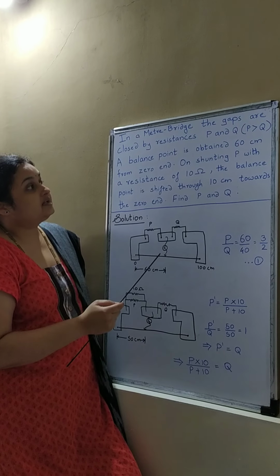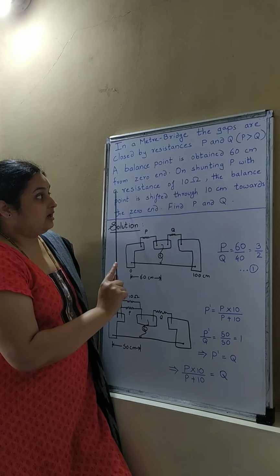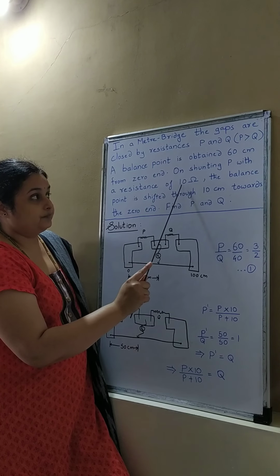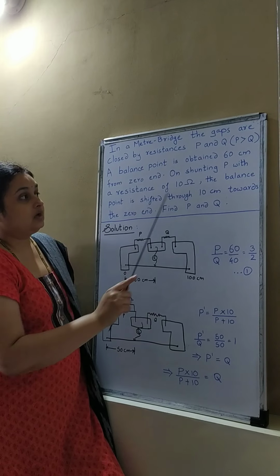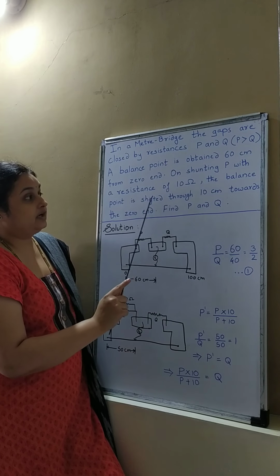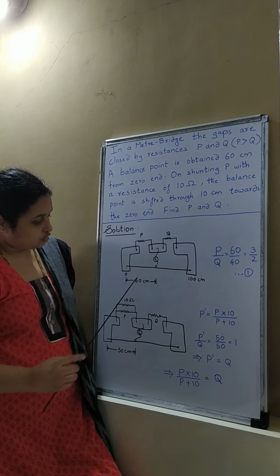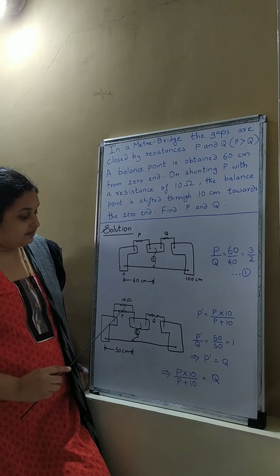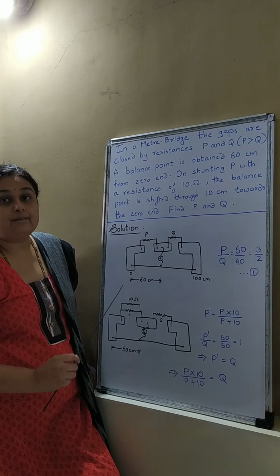Now, what is the next thing that is happening? On shunting P with a resistance of 10 ohm, the balance point is shifted through 10 centimeter towards the zero end. So P is over here and we have shunted, meaning we have connected a 10 ohm resistance in parallel.